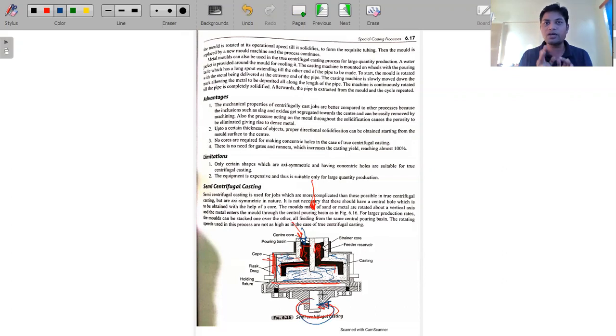Please keep in mind, that's why we call it centrifugal and semi-centrifugal: the shape we are producing does not have a constant cross-sectional area throughout the length. From the front view it is not constant but varying. That's why we call it semi-centrifugal, okay.